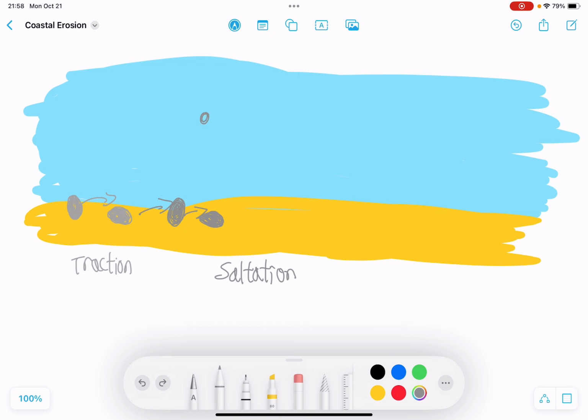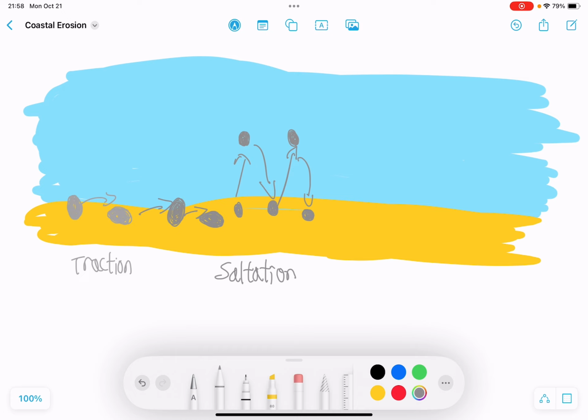So we have the process of saltation, where the rocks are small enough in size to bounce up and down, and then bounce up again, and then bounce down again, like that.